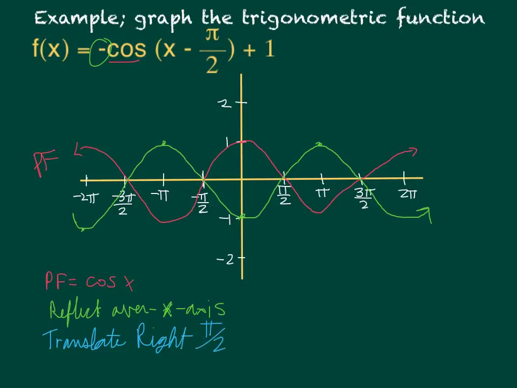So when we do that, we're going to shift all of these green points over pi over 2.